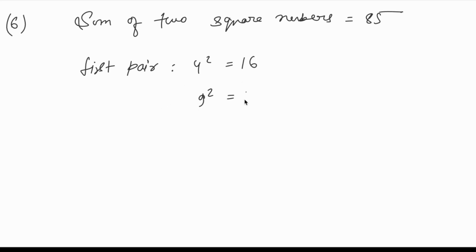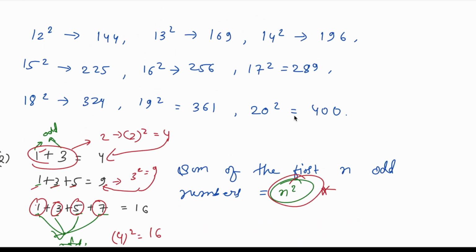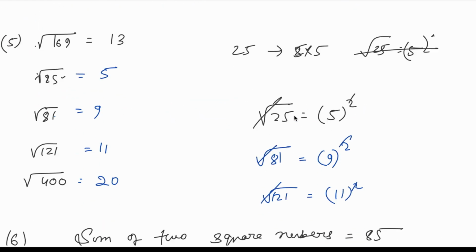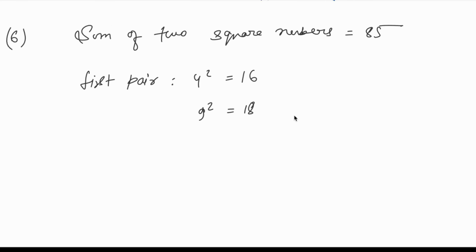4 square is 16 and 9 square, which is 81. Okay, so when you add 4 square, 9 square, 16 plus 81, you will get 85.